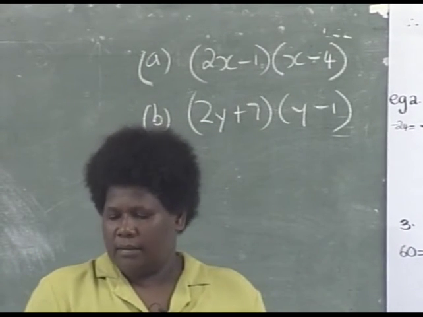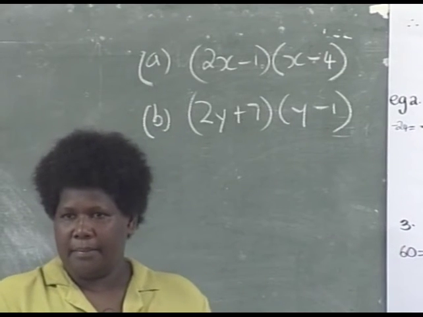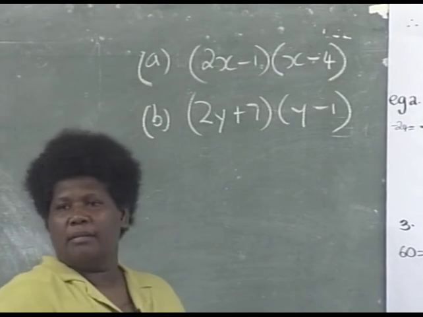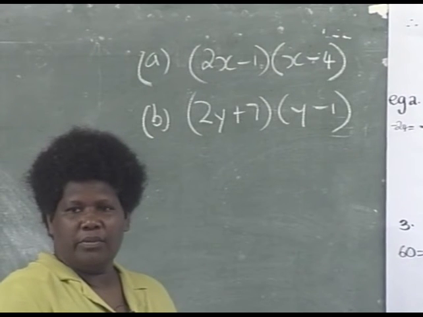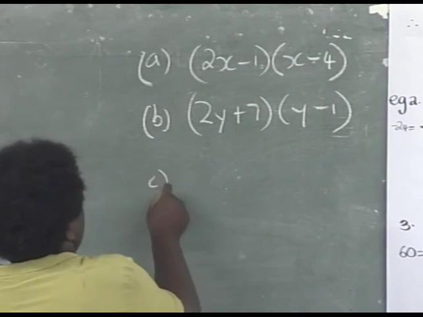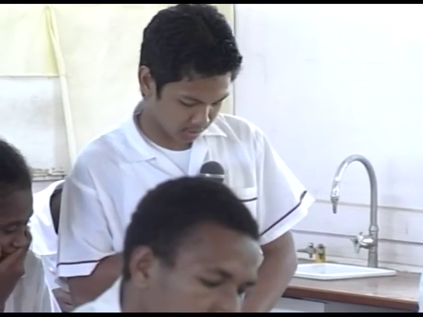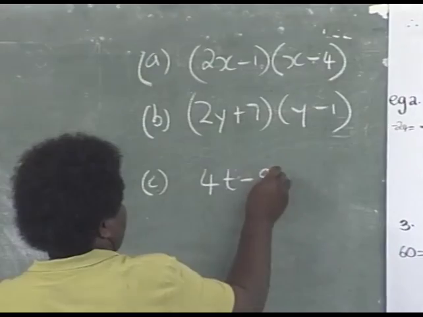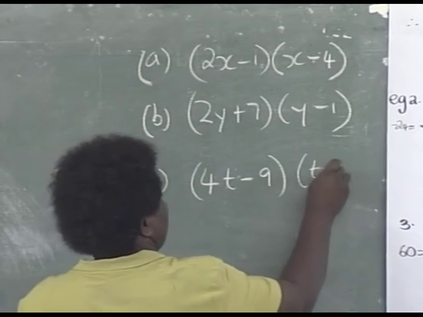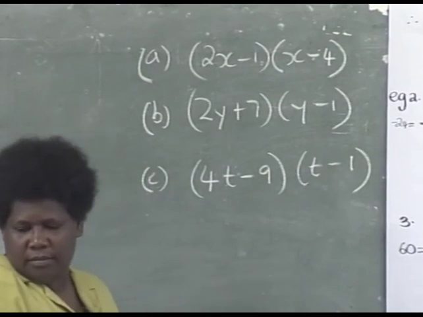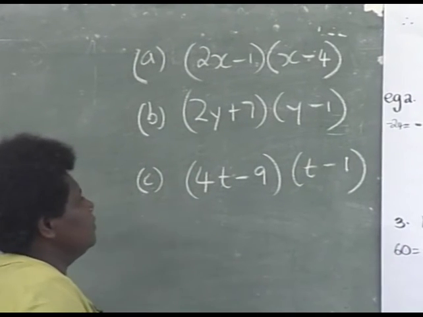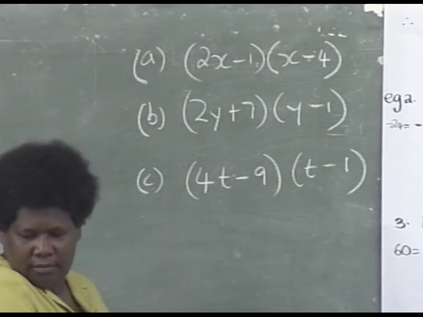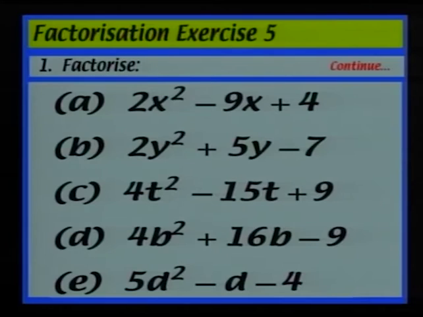Letter C, Jake. 4t minus 9 times t minus 1. Okay, letter C is not correct.